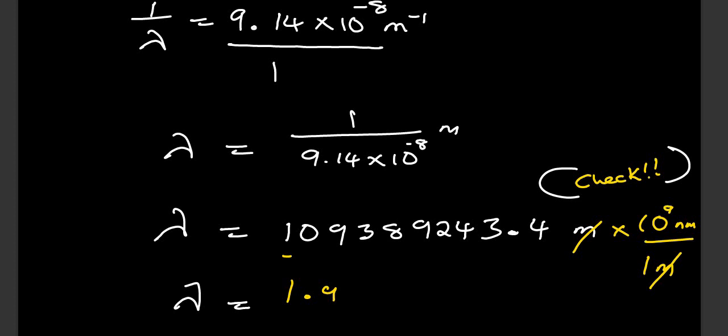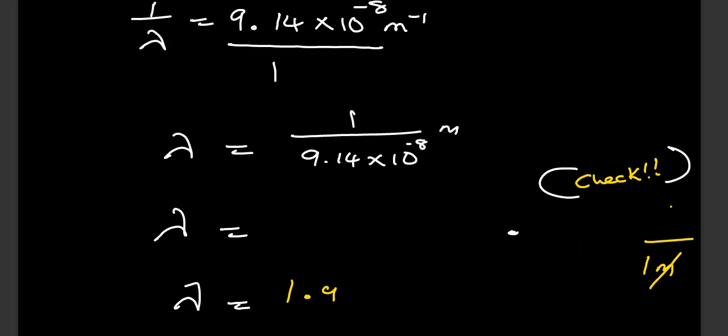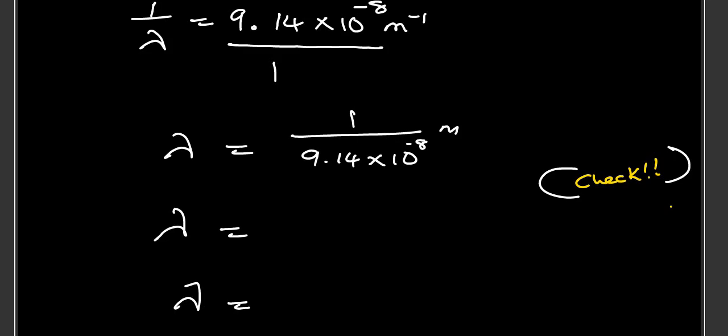Okay, this answer here, you may just punch this for me. Punch 1 divided by, open brackets, 9.14 times 10 to the power negative 8. Let's see what you get. It's still a long number, 1094091.04.